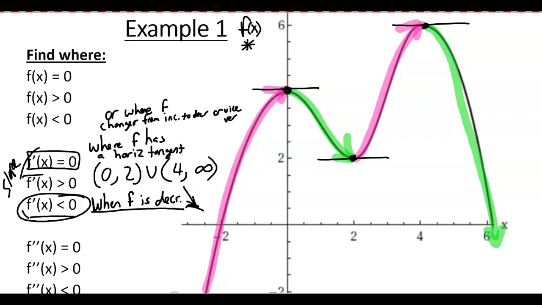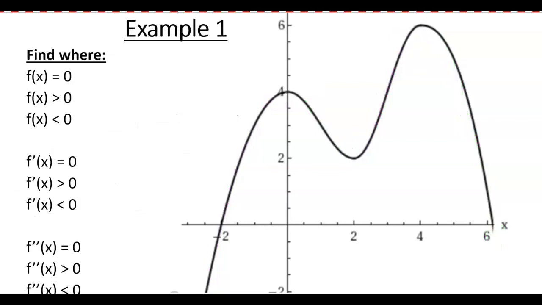And so there are very definitive places where f prime equals 0. And those are at x equals 0, at x equals 2, and also at x equals 4. Okay? So points we represent with an equation like that. Intervals we represent with the parentheses. So that's for f prime.